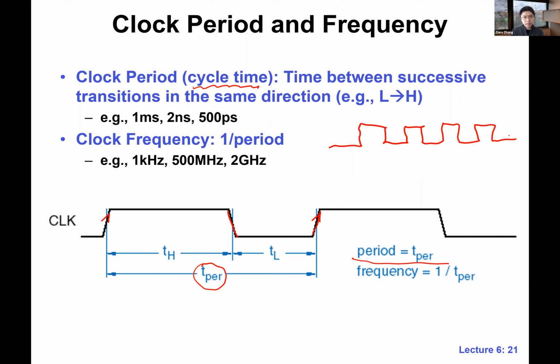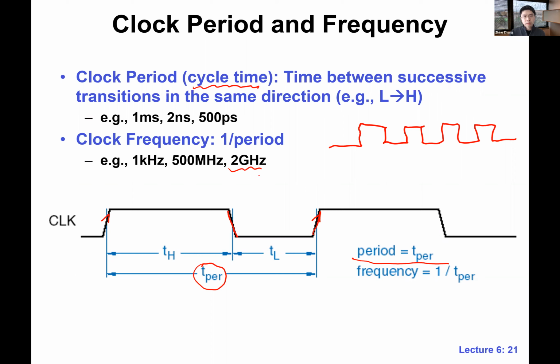Most devices these days, whether laptop, desktop or cell phone, have frequencies between 1 to 2 gigahertz. That basically tells you how fast the internal clock runs in that CPU.